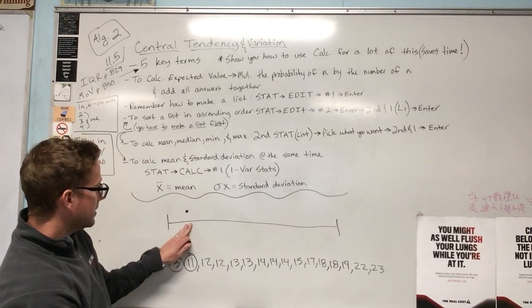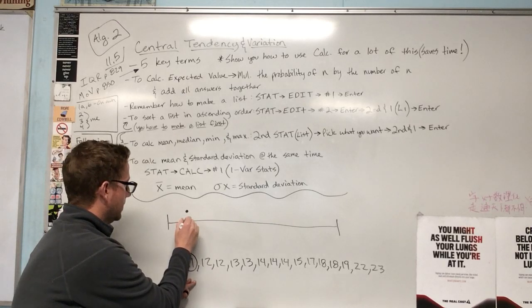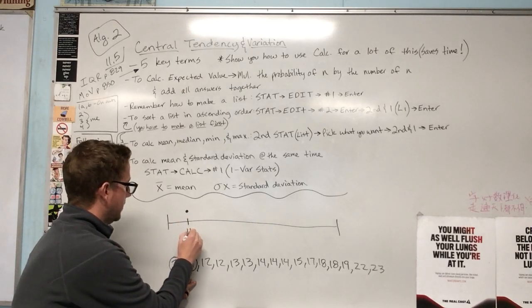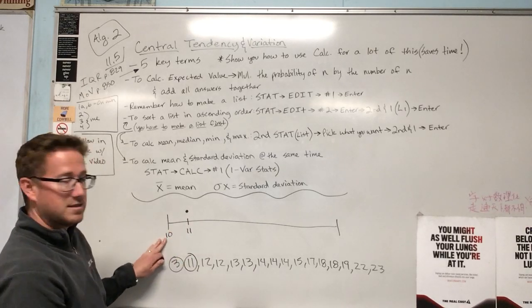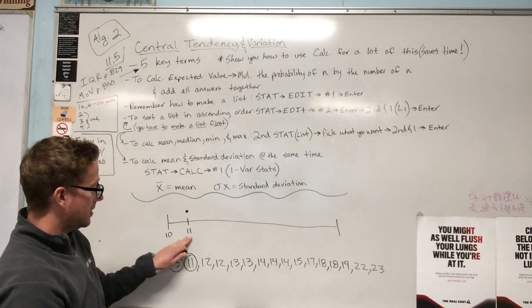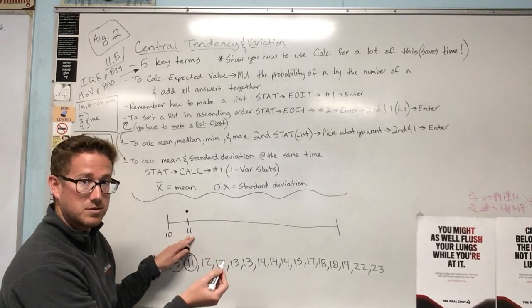If this dot is representing 11, then I'm going to say my lowest is 10. But I don't really care that that's 10. I'm just saying that because it lets me know that the next number next to it should be 11.